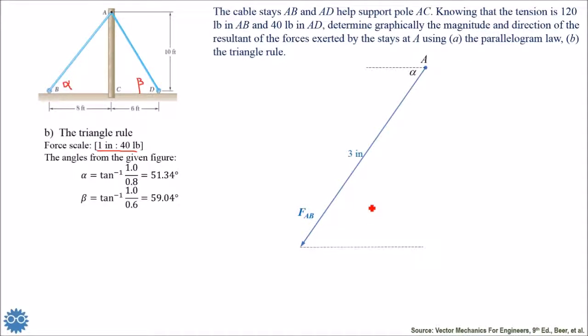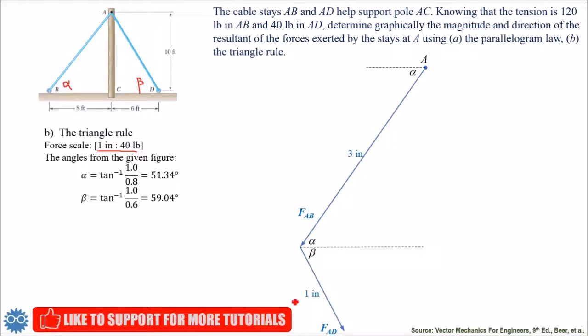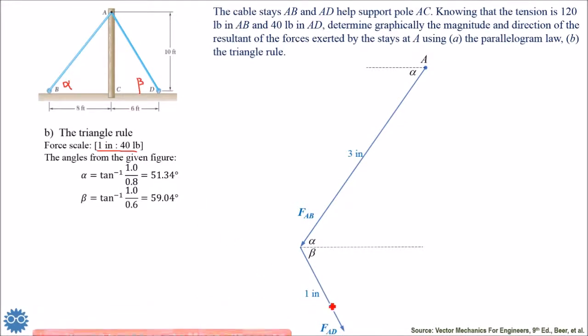The second force is done in the same way. We draw a horizontal line, and from this horizontal line we measure with the protractor the angle beta, which is equal to 59.04 degrees, and we draw the vector FAD, which is 1 inch in length on the paper.